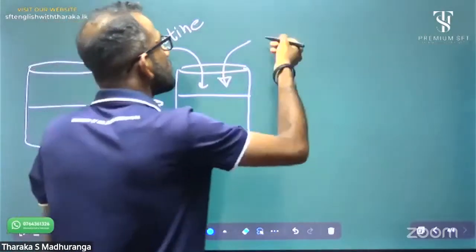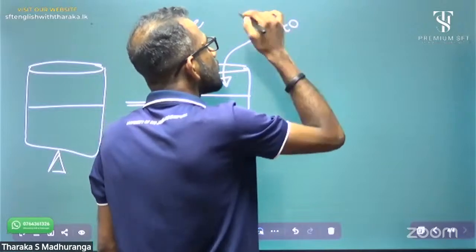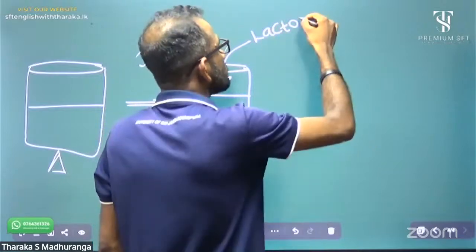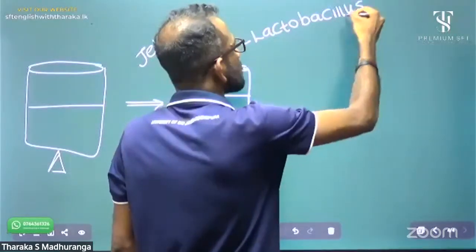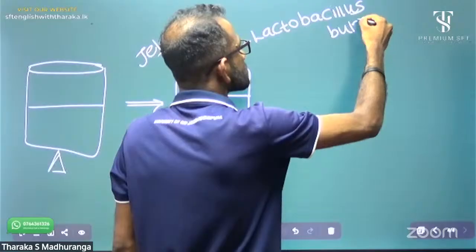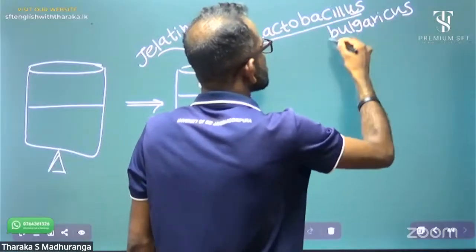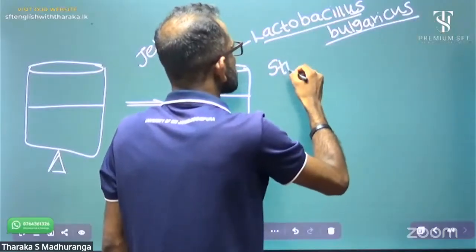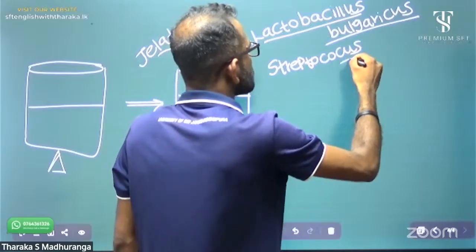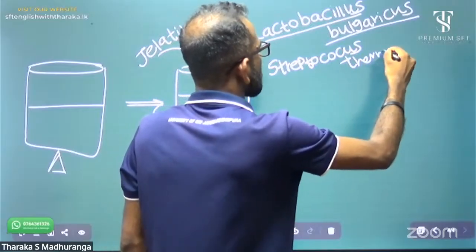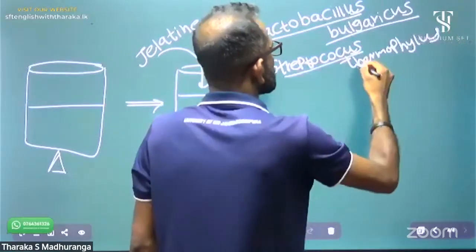A pre-prepared yogurt sample means it contains Lactobacillus bulgaricus, a special microorganism, and Streptococcus thermophilus.